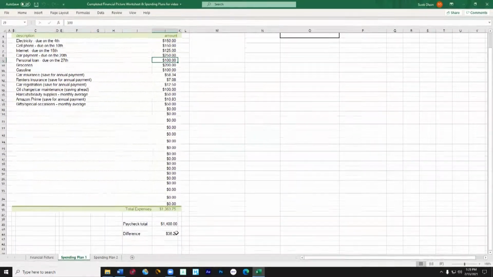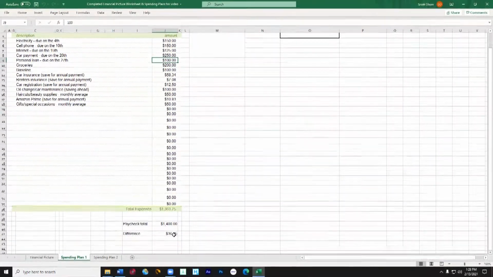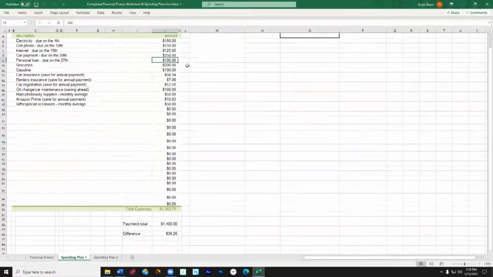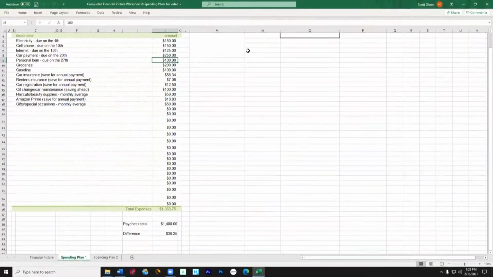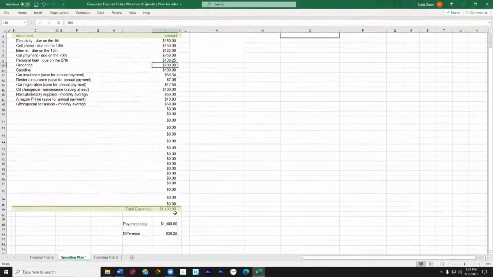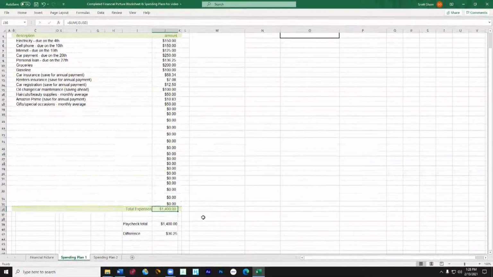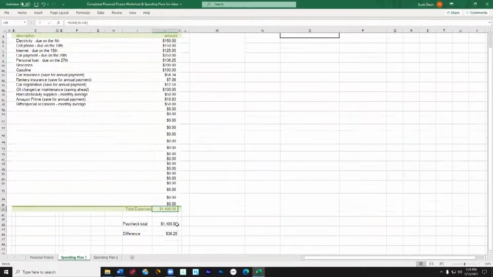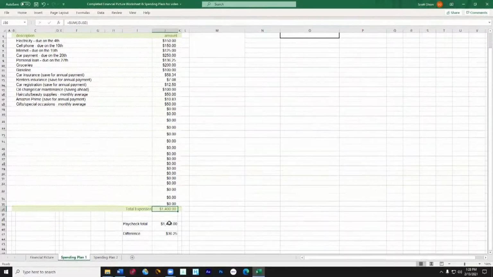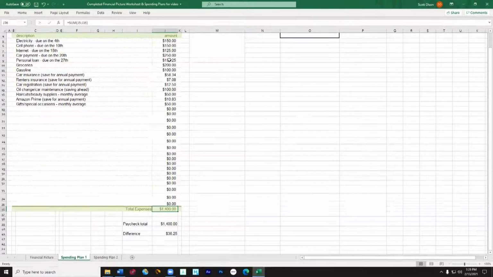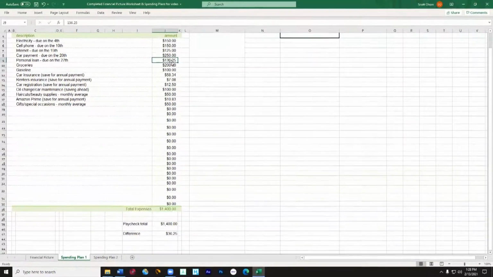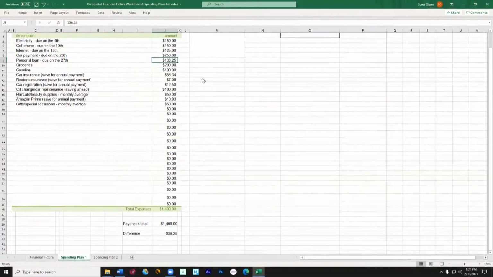Since we have $36.25 left over, we are going to add that to our personal loan payment. And we're going to make that $136.25. Now you can see that that makes our total $1,400, which is exactly what our paycheck is going to be. So we're in line, and when we make our payment to the personal loan, we can make it $136.25.